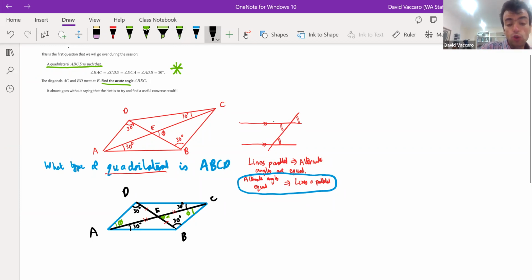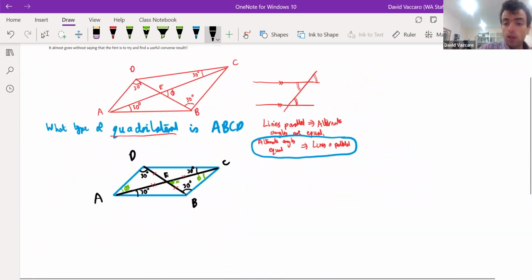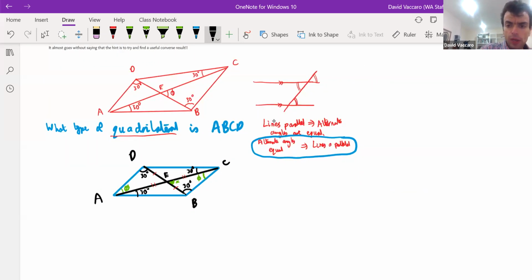And for the person who joined late, the theme of this question, which is going to be a bit of a theme of the sheet, because I think it's often overlooked in geometry, is the importance of a converse result. What I've used here is a result in the opposite logical direction to the one that one normally sees.